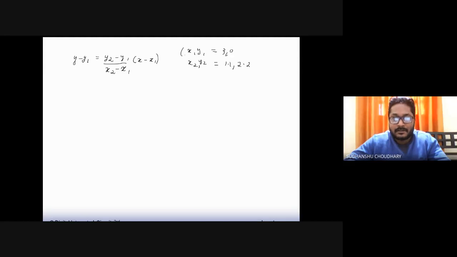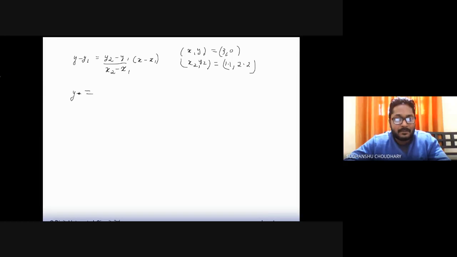Now you use these coordinates here, and this term, y2 minus y1 by x2 minus x1, is actually the slope of this line, right? So maybe we are more interested in finding the slope. So y minus y1, where y1 is 0, so let's say y only.